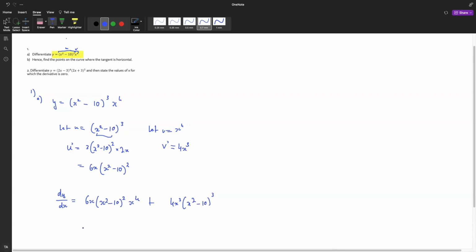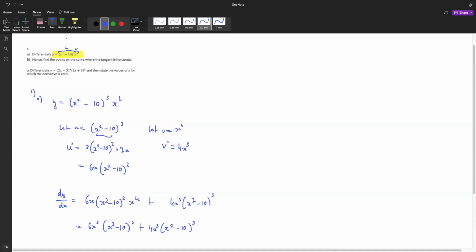Now we can do a bit of simplifying here. We've got 6x to the power of 5 times x squared minus 10 squared, plus 4x cubed times x squared minus 10 to the power of 3, which we can't simplify, so that stays the same.